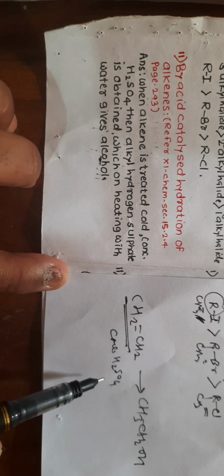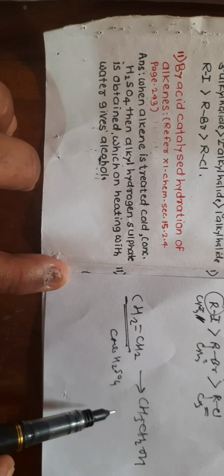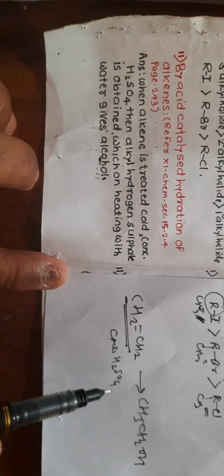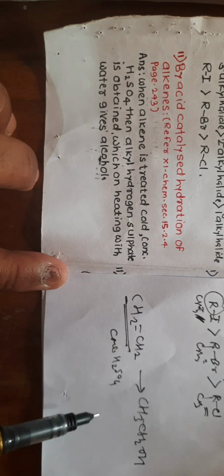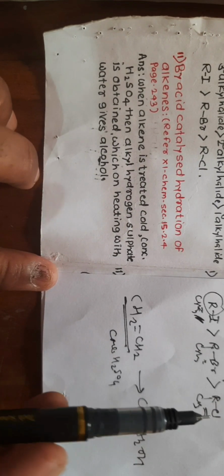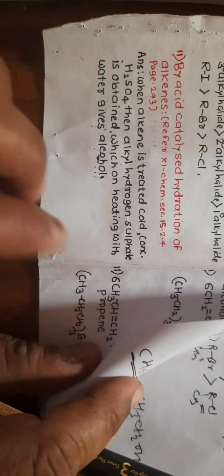In the first step, there is a formation of alkyl hydrogen sulfate, and that alkyl hydrogen sulfate on hydrolysis gives ethanol. This method is like this.